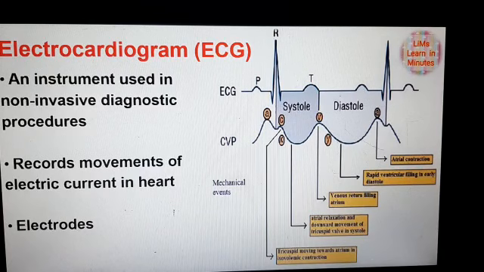Six more movable leads are placed on the pericardial area, that means over the heart, on the chest, while an ECG, that is a tracing, can be recorded by a trained technician. Its study and interpretation is a highly specialized job and needs the expert services of a qualified physician, that is a cardiologist.